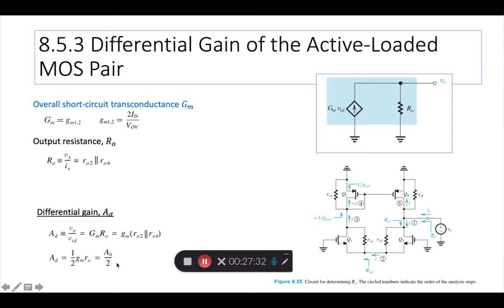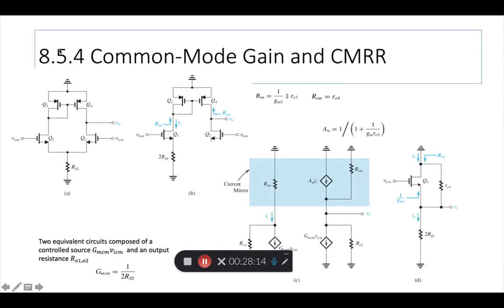If that's the case, then AD is nothing but AO by 2, where AO is the intrinsic gain of the current source loaded differential amplifier, or you use this formula: AD, differential gain, is GM times RO2 in parallel with RO4. Okay. So I've summarized like 4 or 5 pages of derivations in the textbook into the simple formulas that we can use for solving problems. So that's 8.5.3.